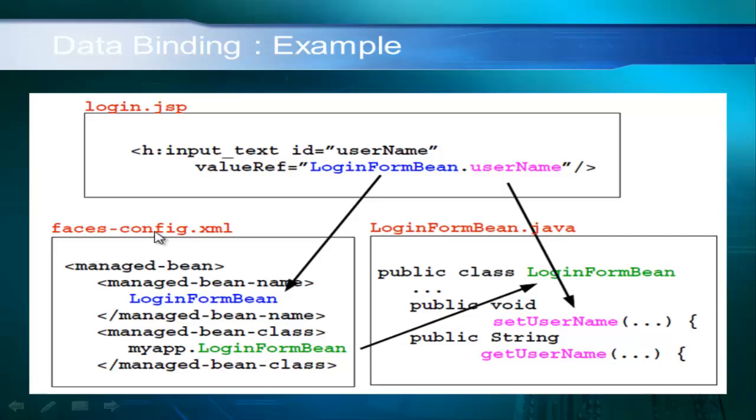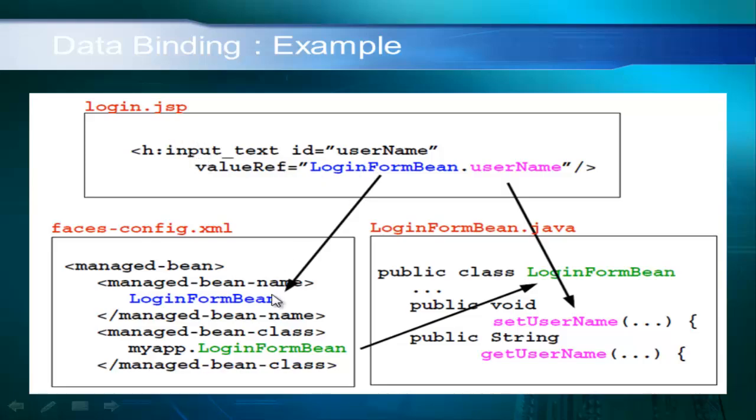Go to faces-config and specify managed bean. Specify the name with which you want to use that bean, and specify the class name. This is the login class, and this will be the name that you are going to use in your JSP or XHTML page.